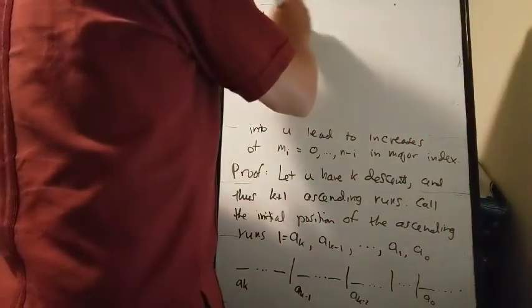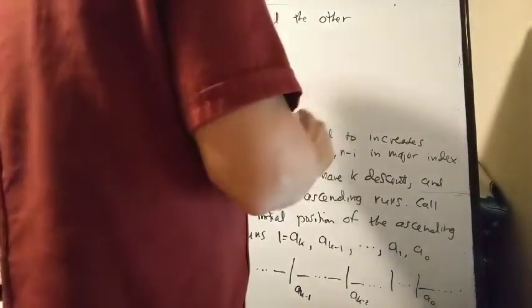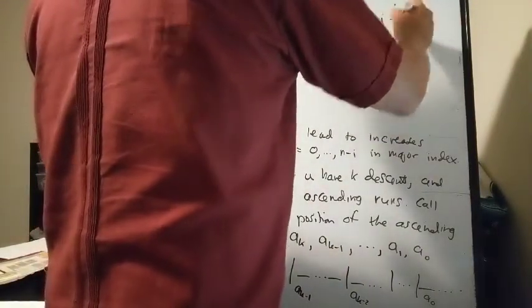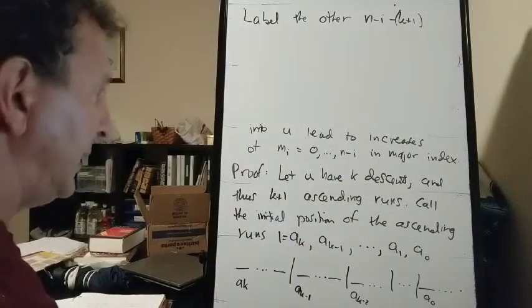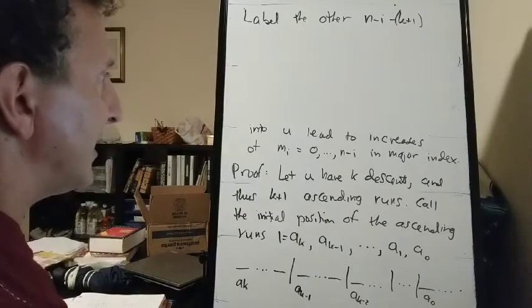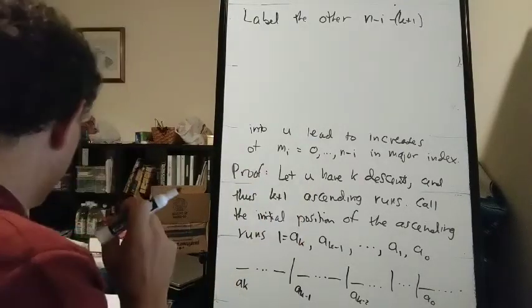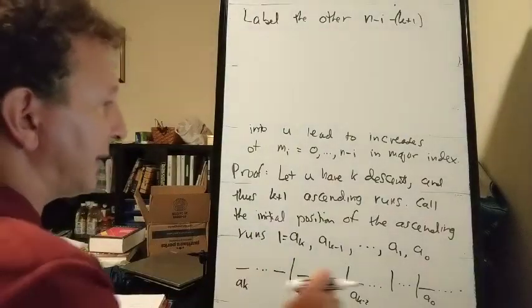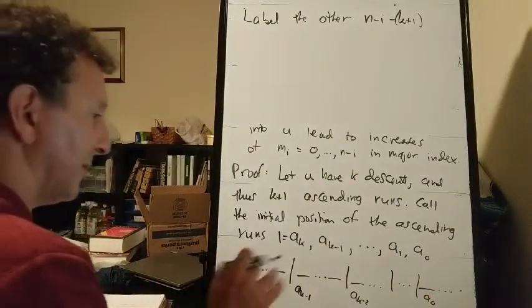Then we'll label the other positions. Let's see how many other positions. n minus I minus k plus 1. So n minus I is the number of ways that we can insert a new letter, and k minus 1 is the number of places that we've already named.